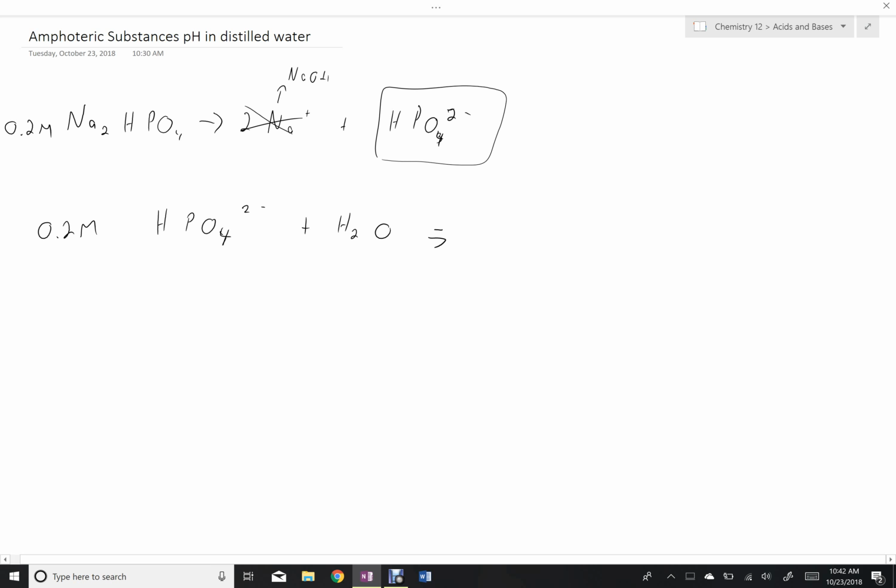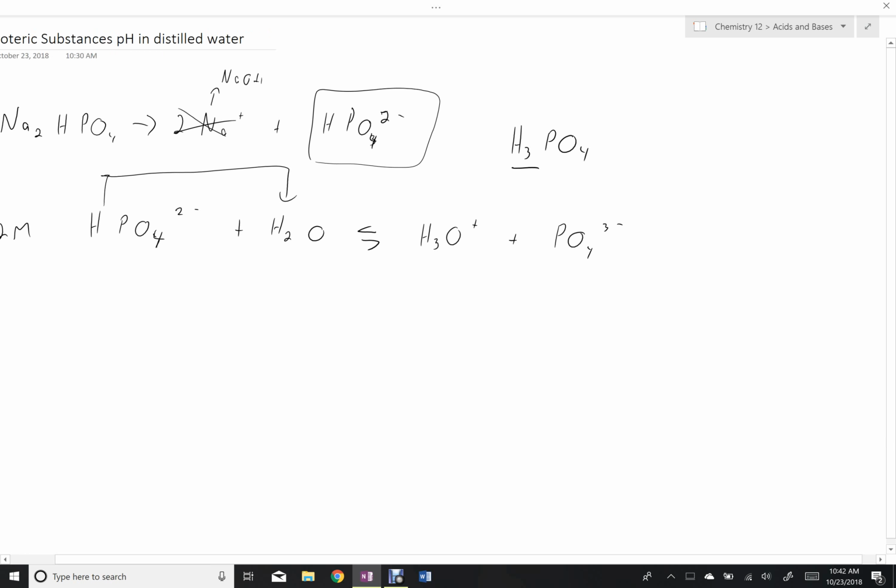First of all, it can behave as an acid, donating its proton to water. Phosphoric acid would have started with 3 hydrogens, and this is the last of those 3 hydrogens.